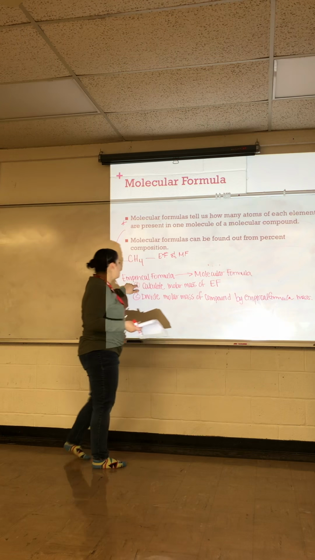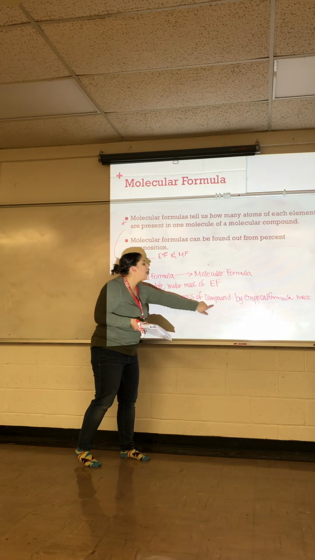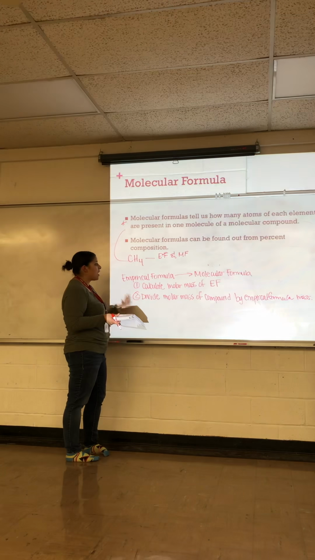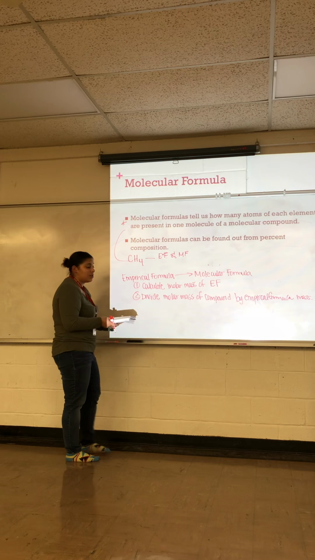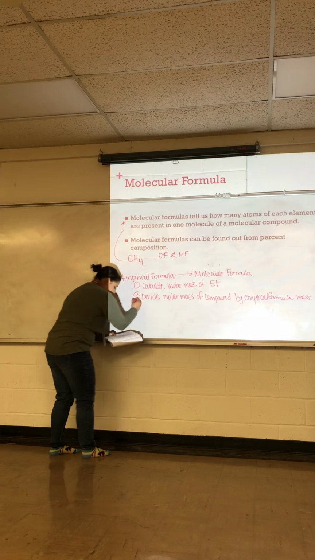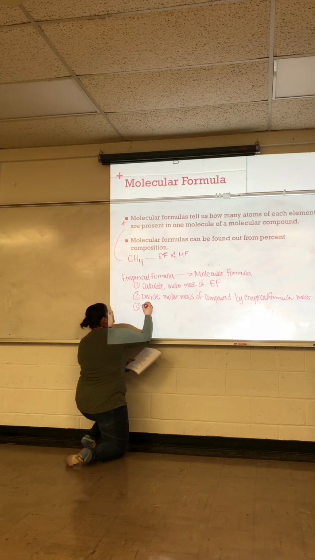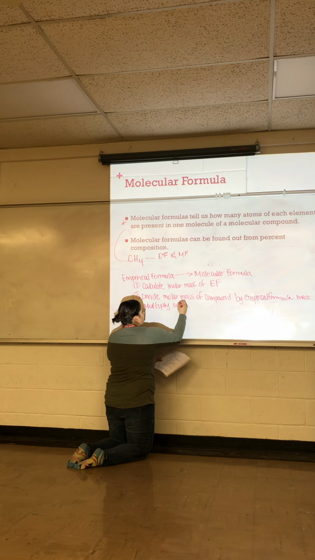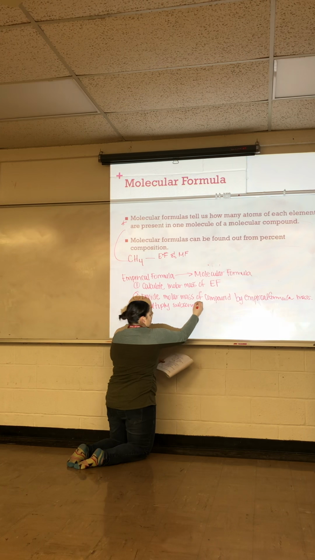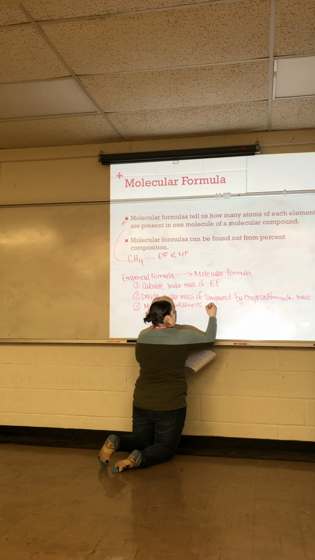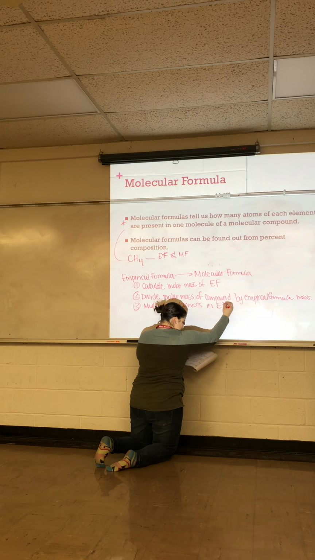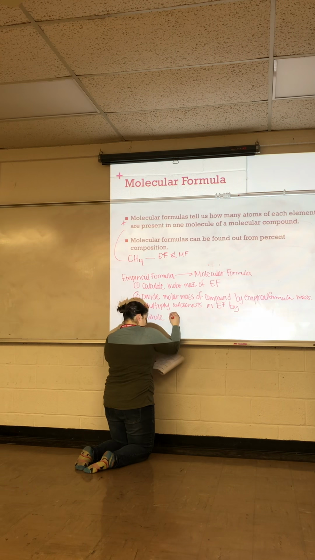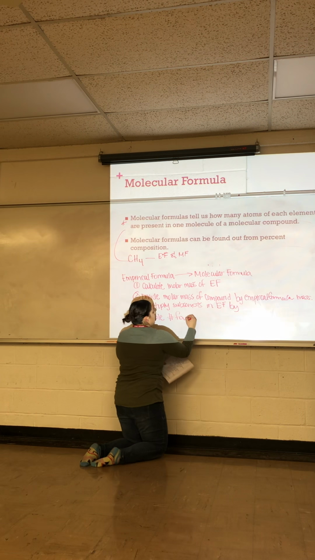So what I calculated here, I am then going to divide the molar mass of the compound by that. So already you're looking and saying that I have to give you a lot of information here. The third and final step, you're going to multiply the subscripts in the empirical formula by the whole number found in step 2.